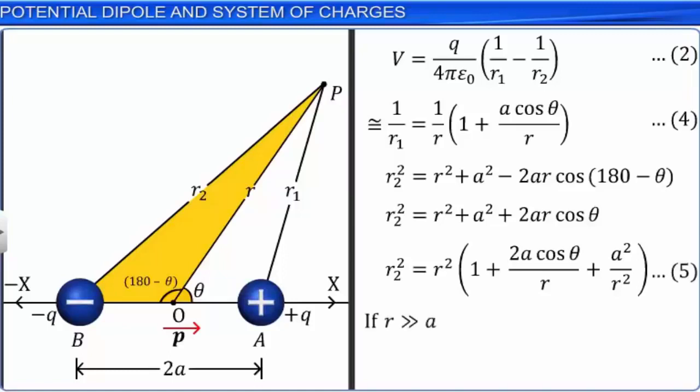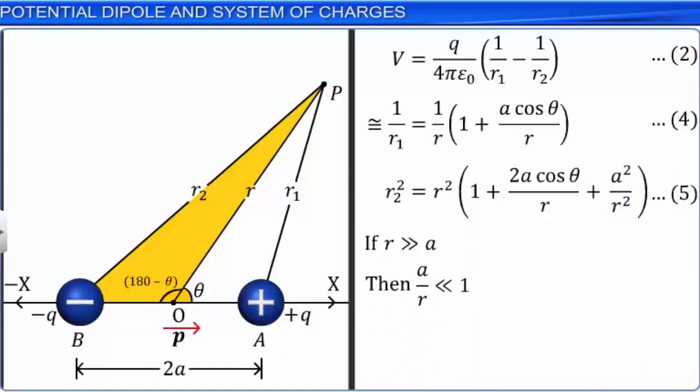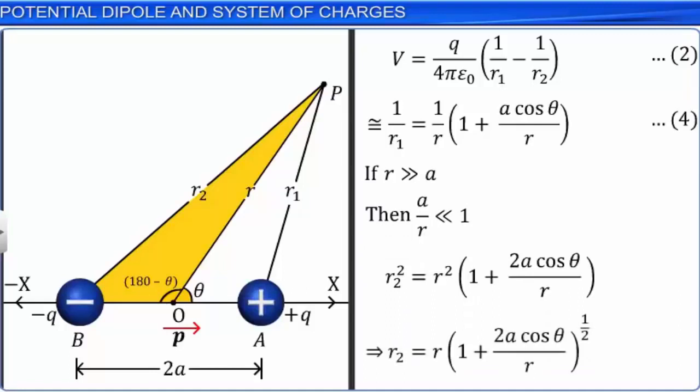If R is much greater than A, then the ratio A to R is much less than 1, and hence the term A square by R square in equation 5 can be neglected since it becomes negligible. Then we get R2 square is equal to R square into 1 plus 2A cos theta by R. This implies R2 is equal to R into 1 plus 2A cos theta by R power half.